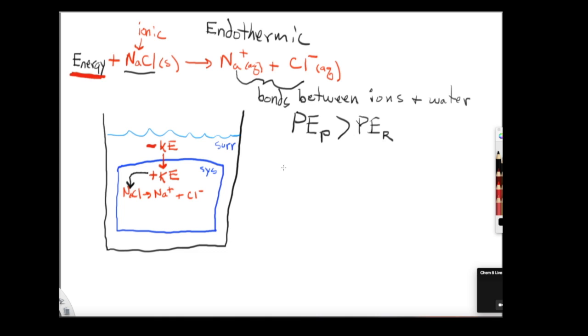So if I was to draw a graph here, it's going to look different than the previous example with the calcium chloride. And I'll just pick an arbitrary place to put the NaCl. And this is going to be E1. And then the two products are going to be at a higher energy.